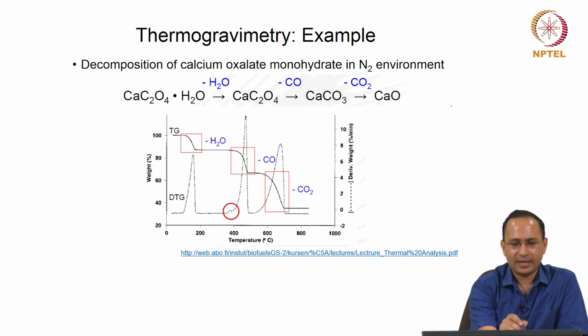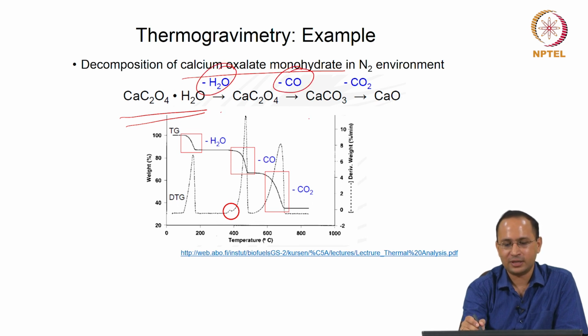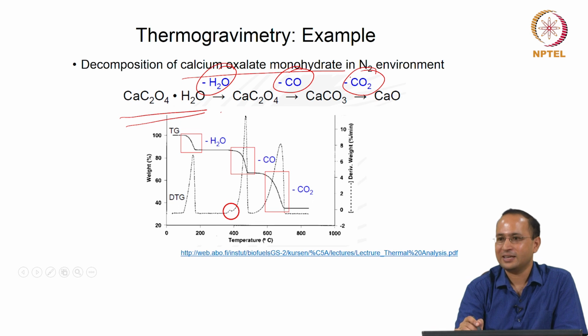One example of decomposition: let us look at calcium oxalate monohydrate, CaC2O4·H2O. It has 3 stages. First it loses water, secondly it loses carbon monoxide, thirdly it loses CO2. We are able to capture that using TGA, and that is what it shows.